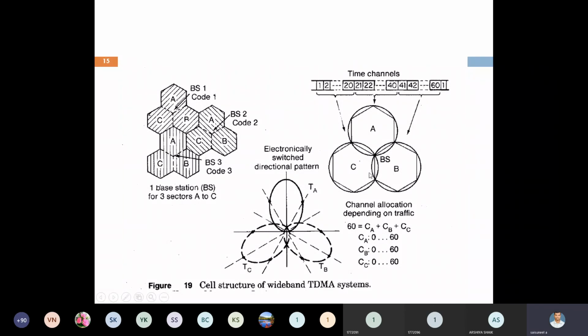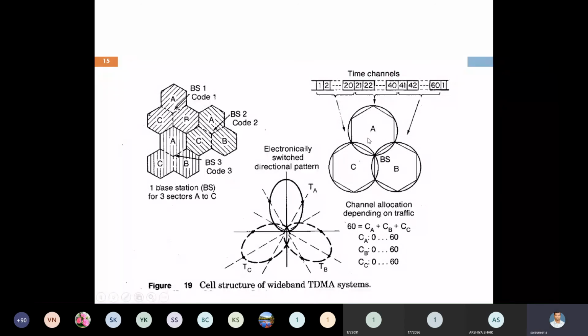We are taking the type of antenna as an omnidirectional antenna system. Instead of 3 base stations, a separate base station for A, a separate one for B, and a separate one for C, there is a single base station to cover A, B, C, for the omnidirectional antenna system, this circle.